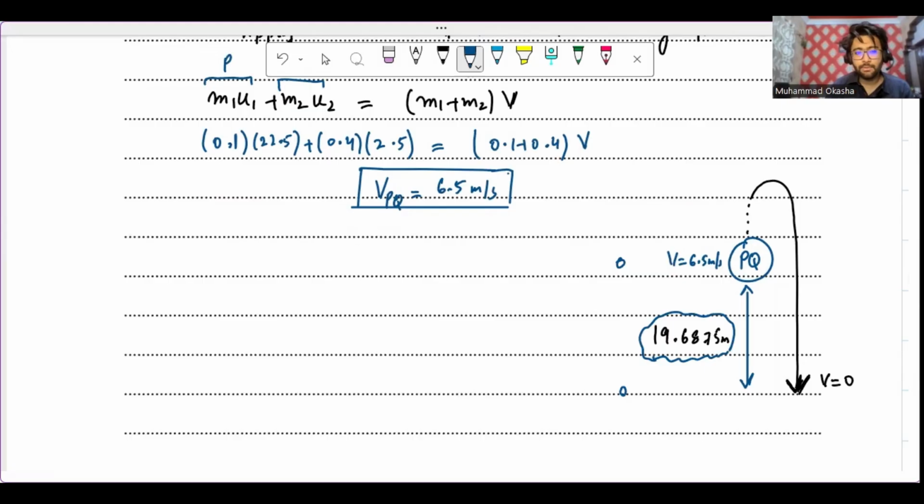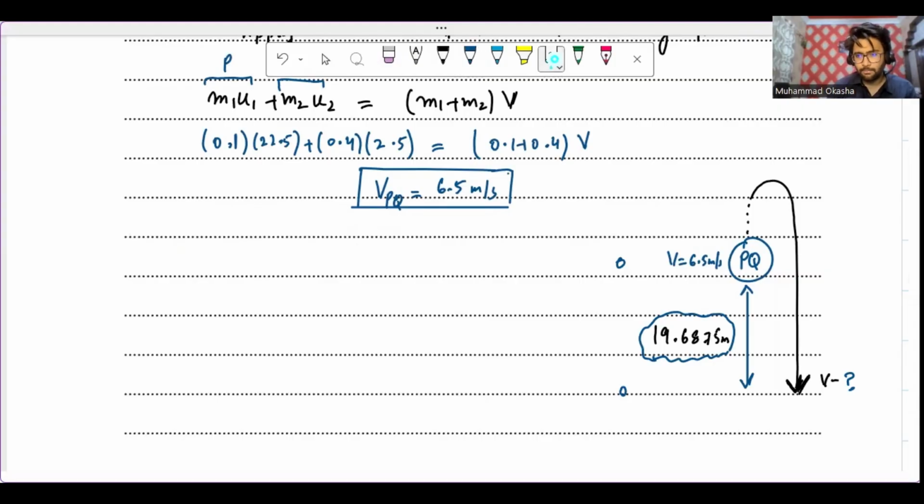So you could simply use the formula for displacement. It's not zero at this point. Which is S equals, I think I'll use a different approach.